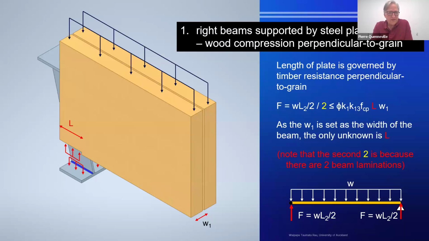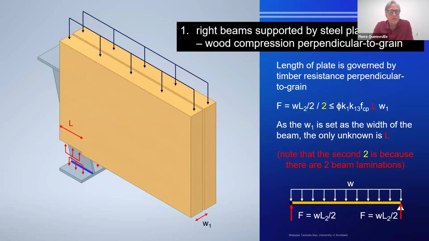So the force is applied. We know the reaction from our beam analysis, and taking our compression perp to grain resistance, the length of the steel plate is the only unknown. W1 is the width of each lamination.